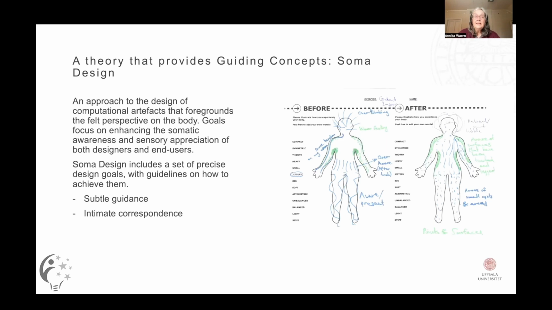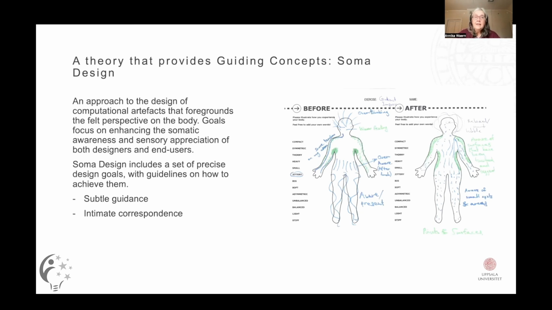Another concept in this design goal set is the concept of intimate correspondence. Intimate correspondence says something about how the feedback from the computational artifact has to be very closely related to what you're feeling and doing in the body, so that it almost feels like an extension of yourself.